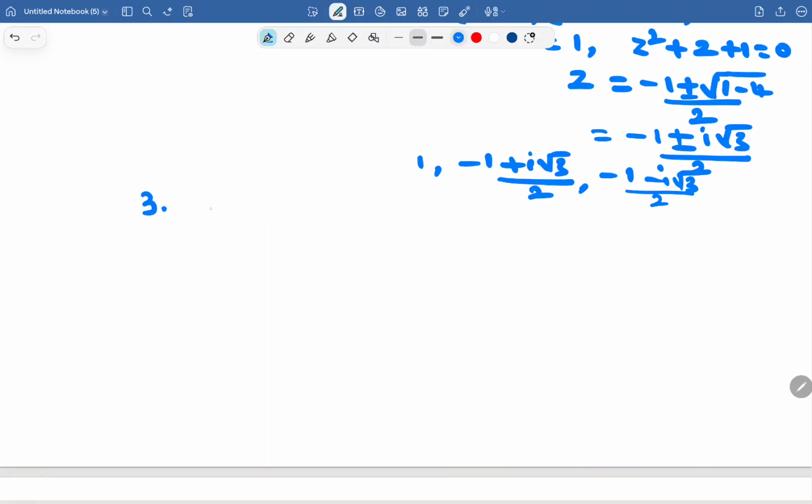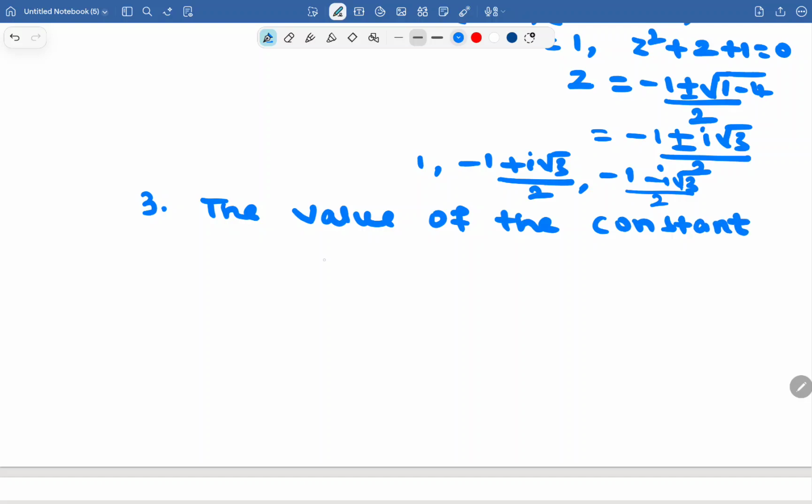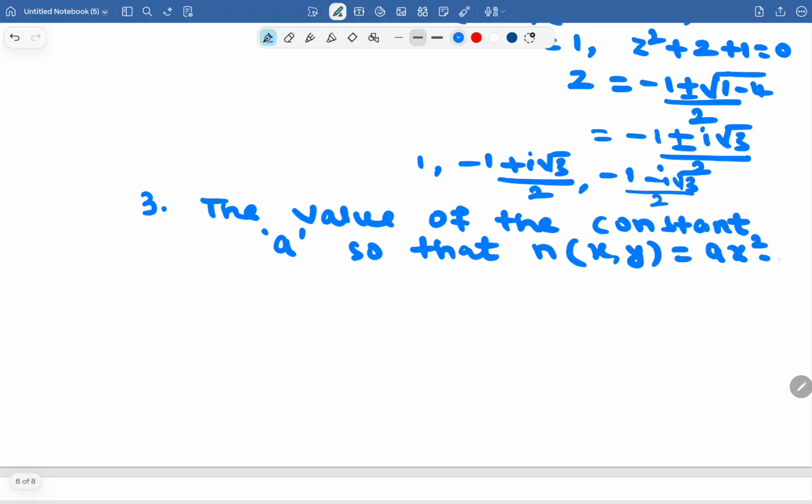Now the third problem: the value of the constant a so that u of x comma y is a x square minus y square plus xy is harmonic.